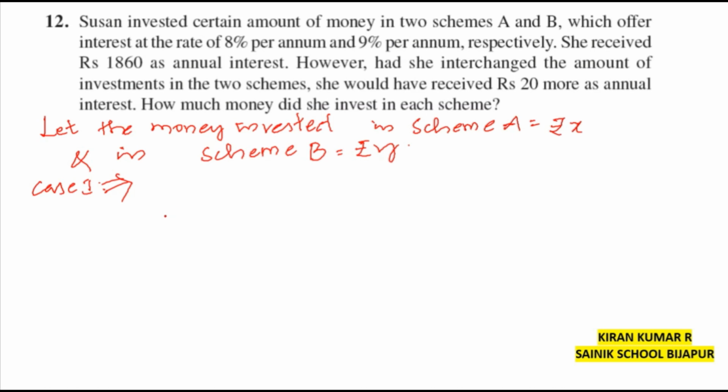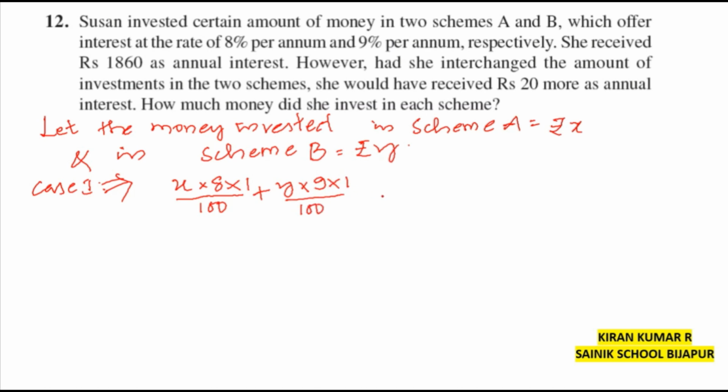We need to consider PTR upon 100 for the interest. So the principal amount in scheme A is X multiplied to the rate of interest, 8 per annum, and time period is taken as 1, upon 100, plus for scheme B amount Y is invested at the rate of 9% per annum.